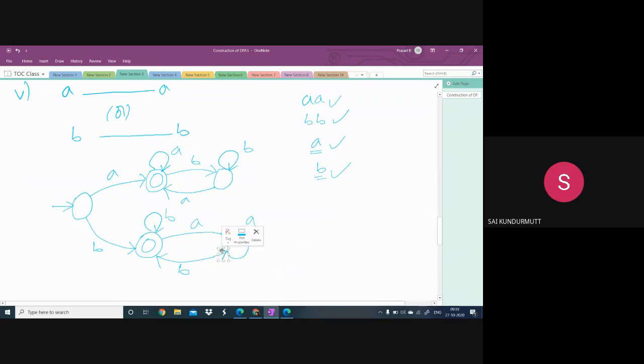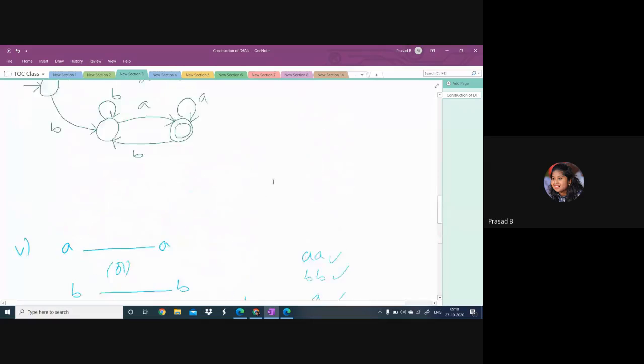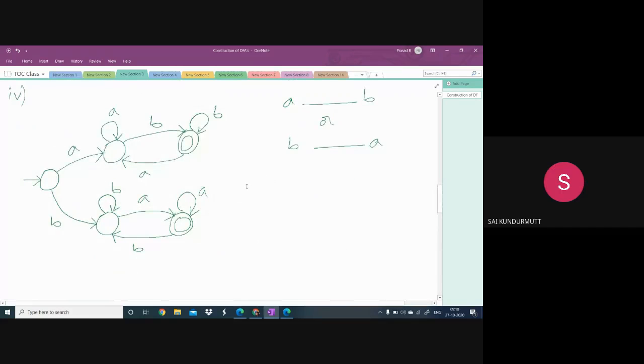Sir, can we not get this answer by taking the complement of the fourth question? What is the fourth question? First and last symbols are different. Very good, its opposite will be first and last symbol the same.